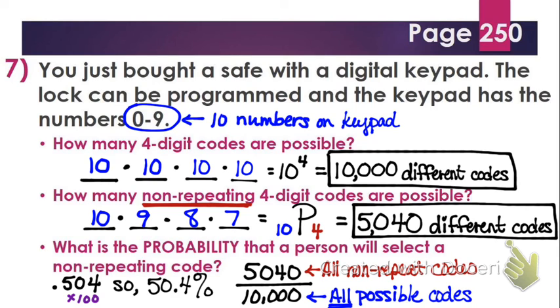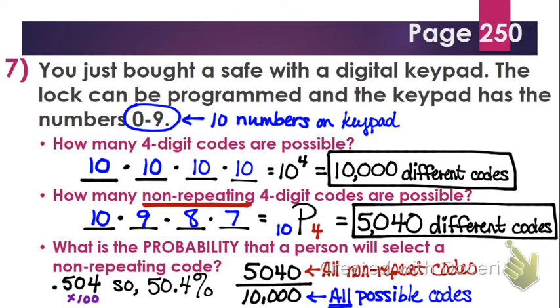I would accept that as well, although you don't have to with probabilities. If it said to enter your answer as a decimal, the 0.504. If I asked you to answer back as a percent, 50.4%. So about a 50-50 chance that somebody that buys this safe ends up choosing a code that doesn't have repeating numbers in it.